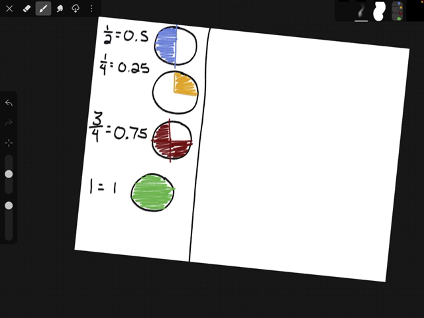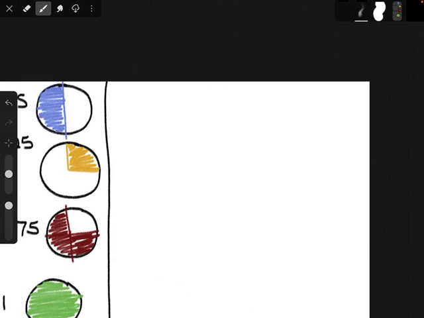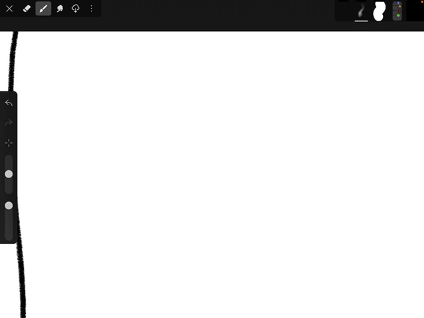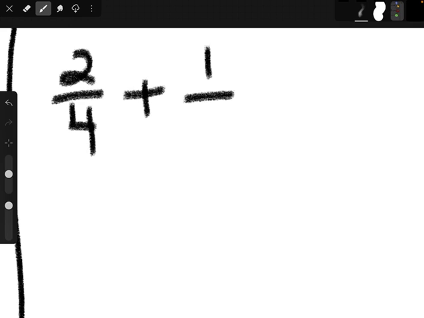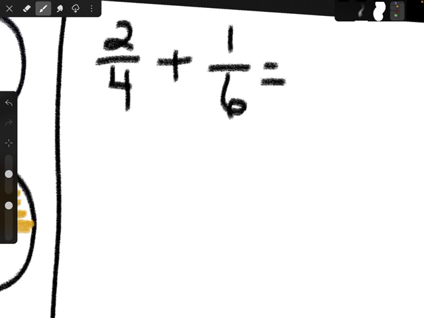So let me just make a line here. And now let's start seeing what we can do. What if I said 2/4 plus 1/6? If I wanted you to add these fractions and put them into a decimal. Well, let's make pies.